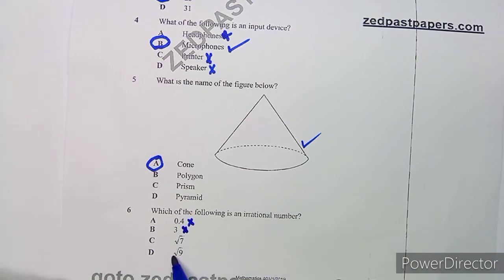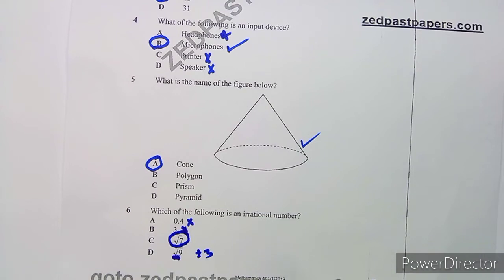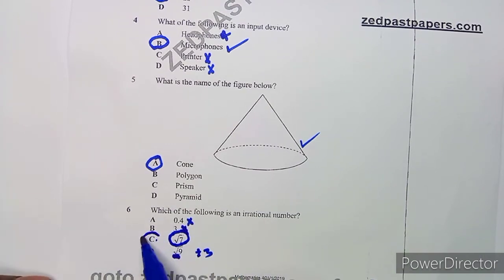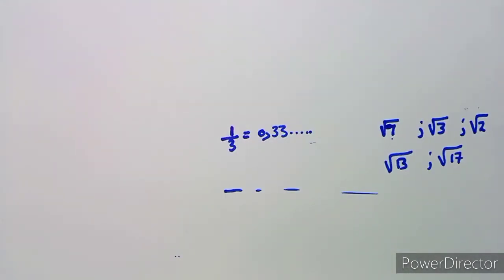Okay, let's move on to square root of 9. We know that square root of 9 is an exact value, which is plus or minus 3. So we are only left with square root of 7. Do we know square root of 7? We do not. So that's an irrational number, the one that, when expressed as a decimal, does not end. So which means we had our answer on C there.